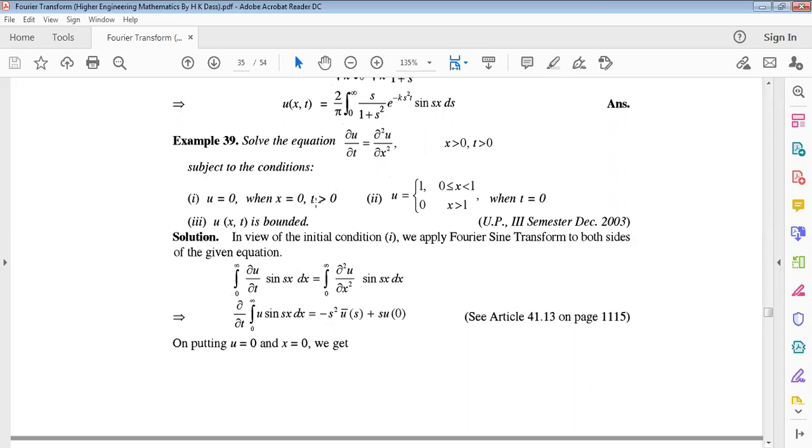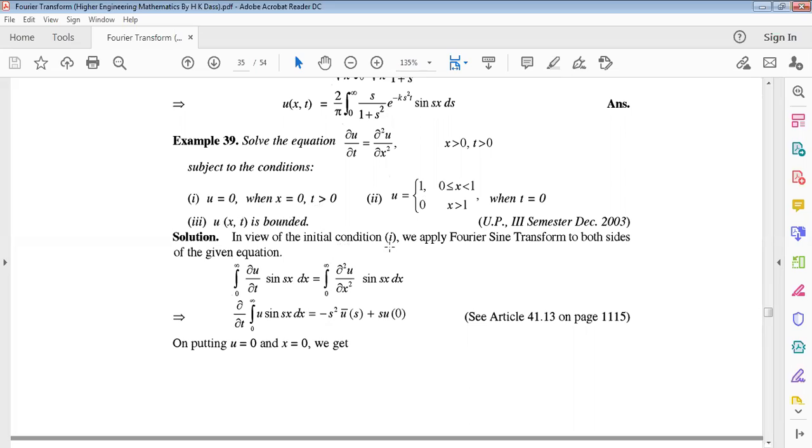Condition 2, u equals 1 if x lies between 0 and 1. But if x is greater than 1, then when time t equals 0, the functional value of the dependent variable will be 0. And u(x,t) is of course bounded, that means defined within a range.